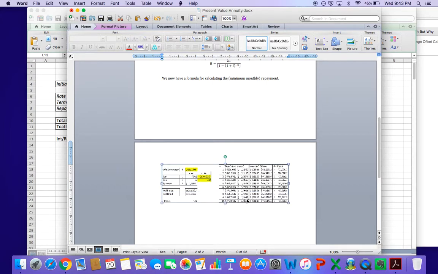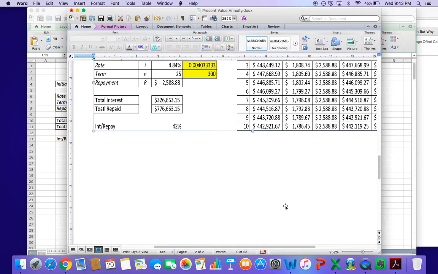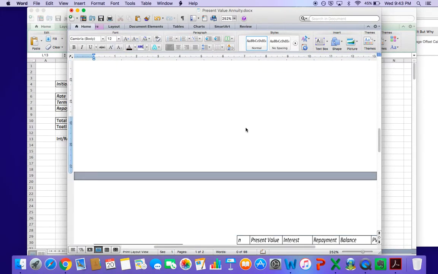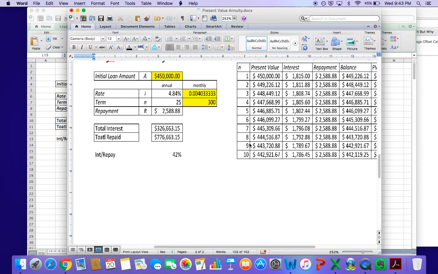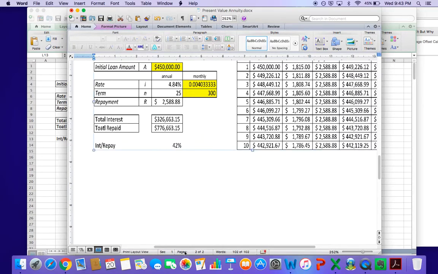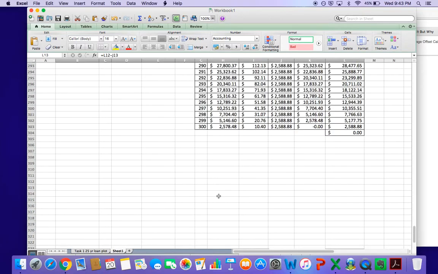Now, I can't really see that very well. If I zoom in, that's a bit better. So that gives us an idea. Obviously, I want to say something like, this is a 25-year loan annuity. And then we could probably add a second snapshot of just what happens at the end.